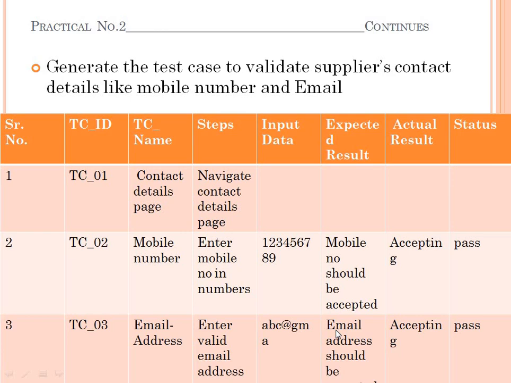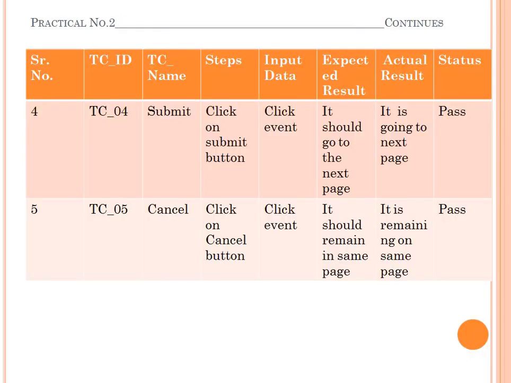The expected result is fixed, and the actual result depends on the input data. Using abc@gmail.com, the expected result is that the email address should be accepted, the actual result is accepting, and the status is pass.